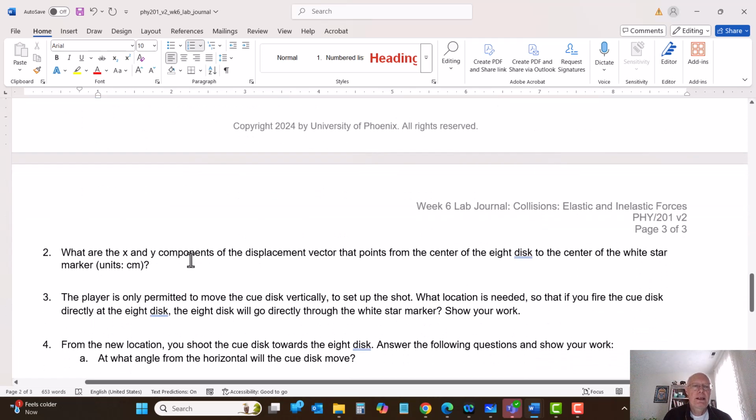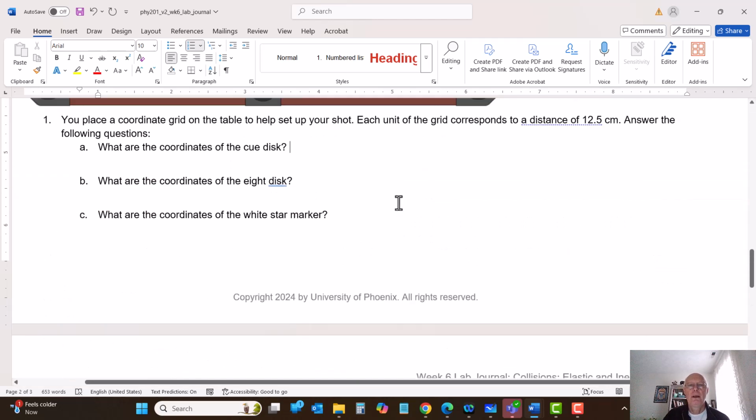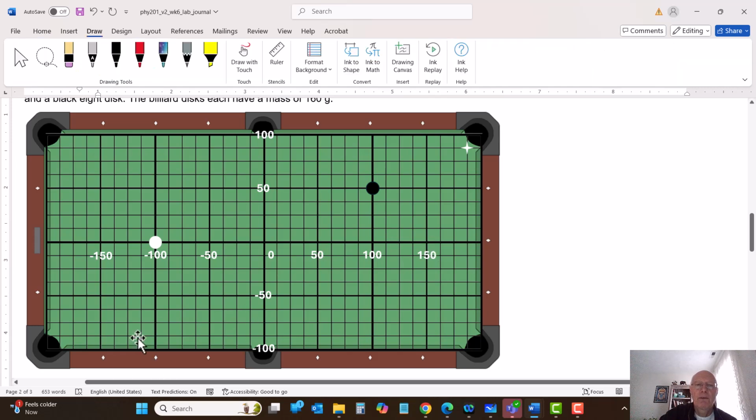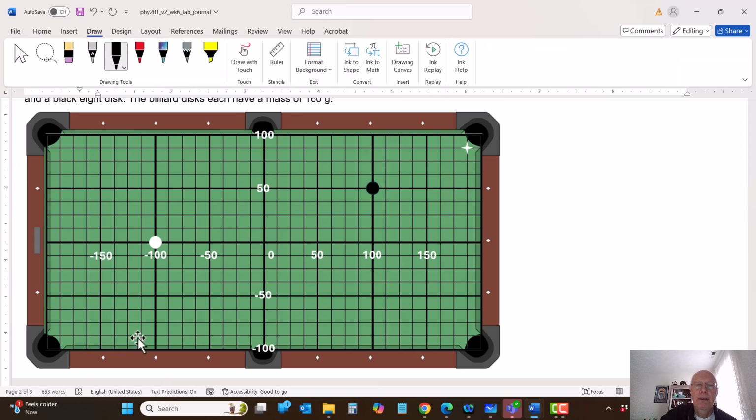What are the x and y components of the displacement vector that points from the center of the 8 disk to the center of the white star marker? All right, so we want a vector that goes from here to here, so I'll draw it on the form here. Vector goes like this.